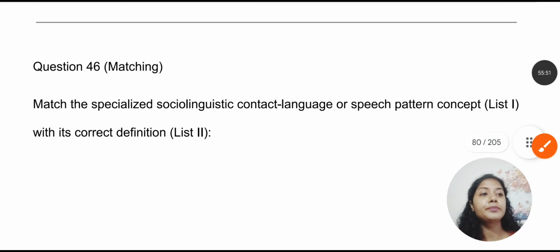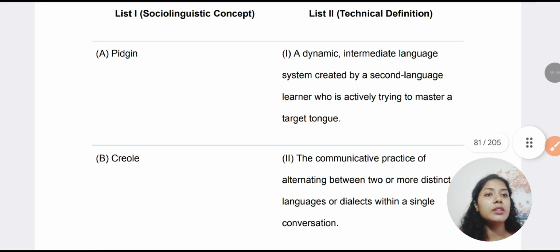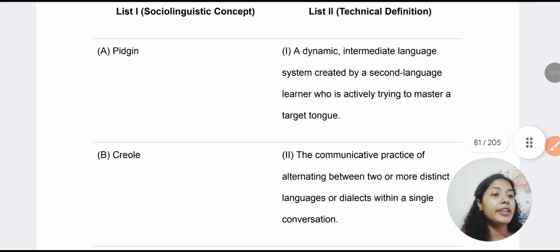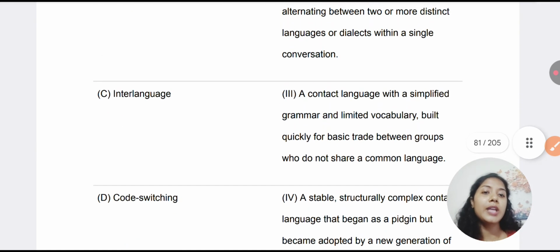Remember, in the sociolinguistic concept, you have to match with the technical definition. You have Creole, interlanguage, and code switching.